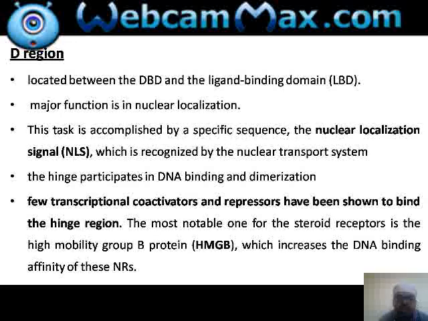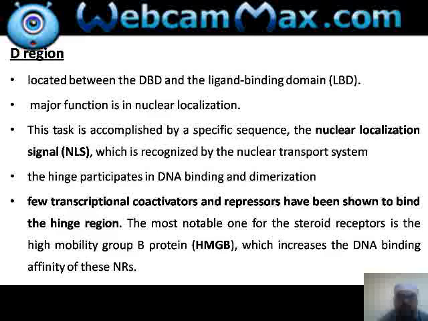So basically this hinge region, as the name indicates, has the nuclear localization signal, and it participates in DNA binding and dimerization. We have also seen that some transcription factors can bind to a few repressors or coactivators, and it can increase the DNA binding affinity, as we have seen in the steroid receptor.